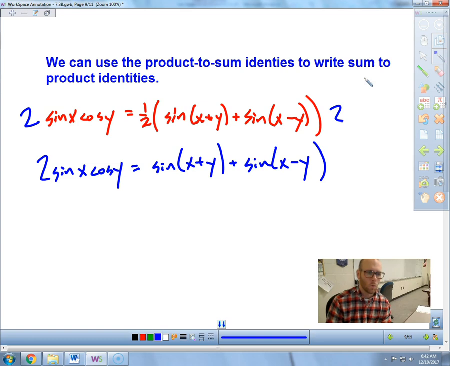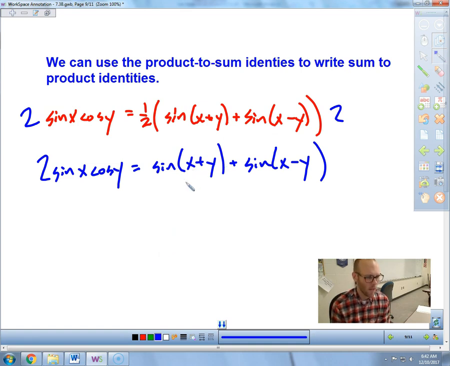Now, when I say I want the sum of two trig functions here, I don't want the sum of two trig functions that have angle additions inside of it. What I really want is the sine of some angle plus the sine of some angle equals something, if that makes sense.